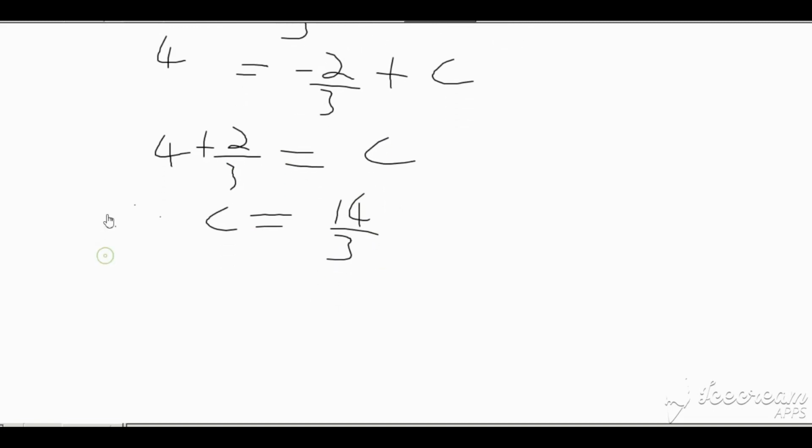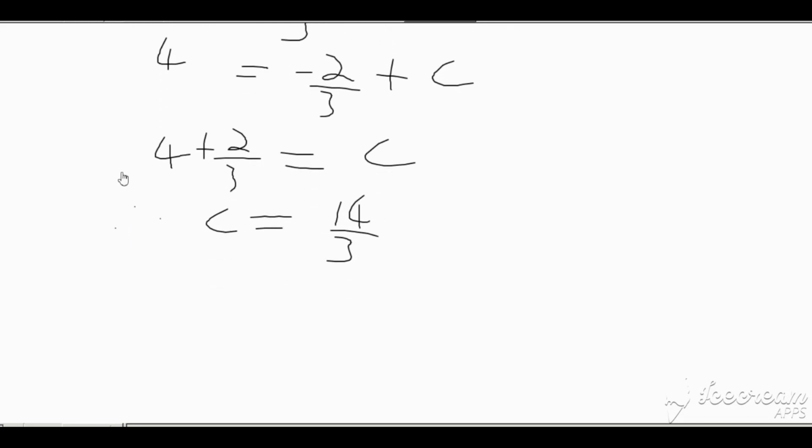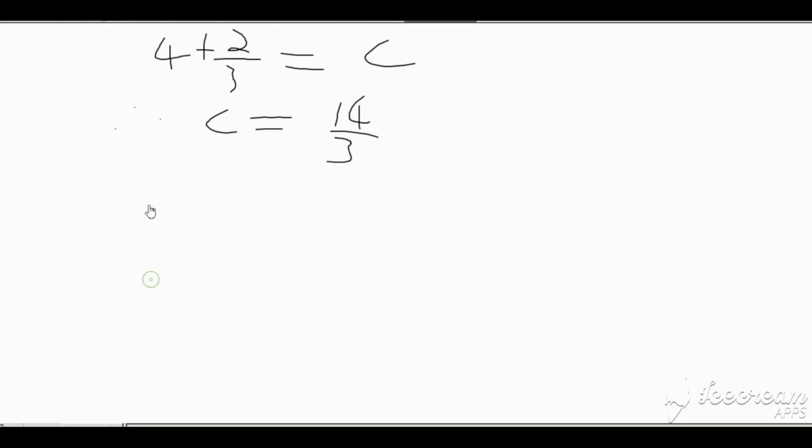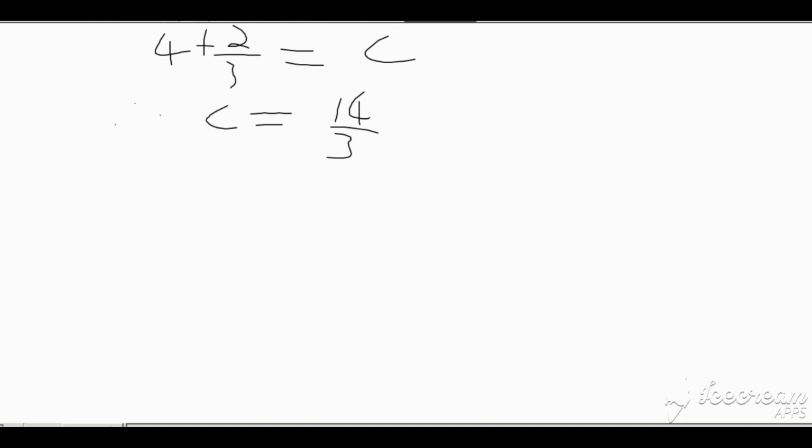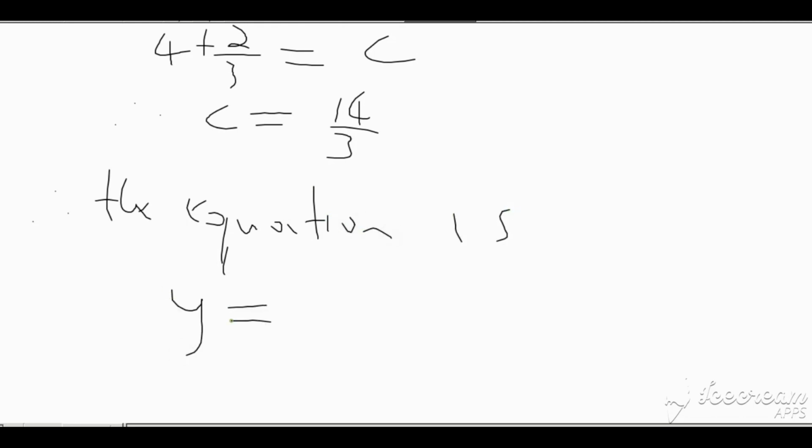Now that I have my c value and I have my gradient, which is negative 2/3, I am complete. So I can say therefore the equation is y equals negative 2/3 x plus 14 over 3.